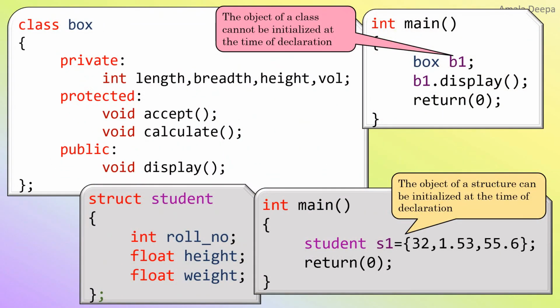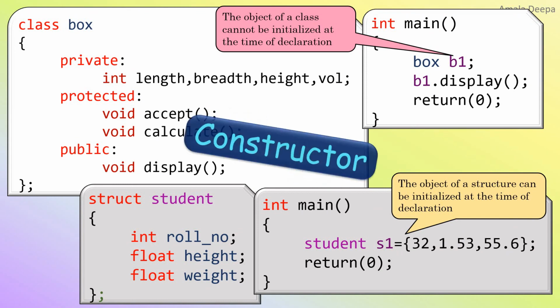An object of a class cannot be initialized at the time of declaration. But if we wish to initialize the object at the time of declaration, we have to define a special member function called constructor.